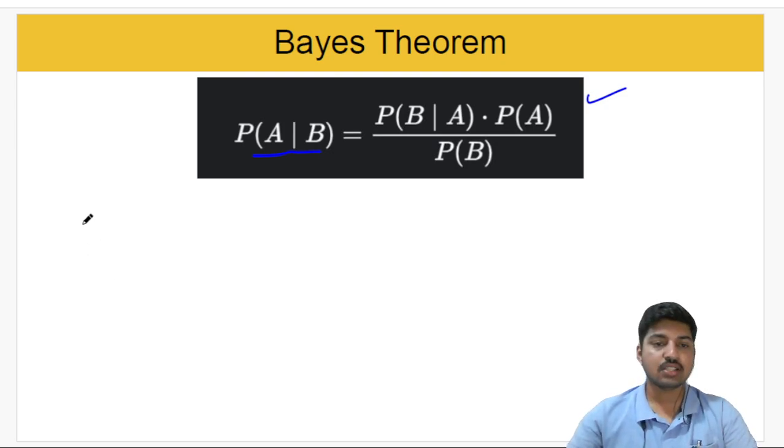We will see what the conditional probability formula is, because just now we have seen it. If I ask you the probability of A given B, this is what we are calculating, isn't it? In Bayes theorem also, what is the formula of A given B?